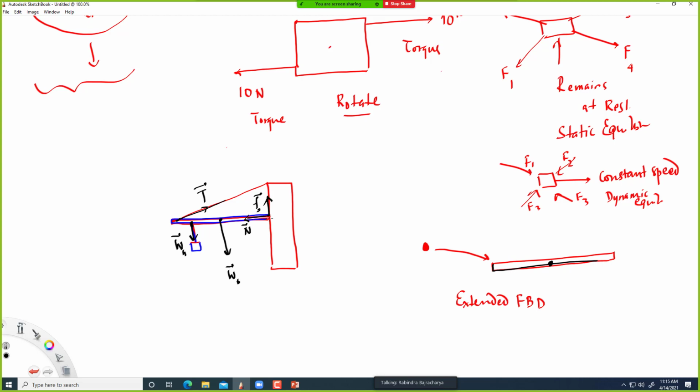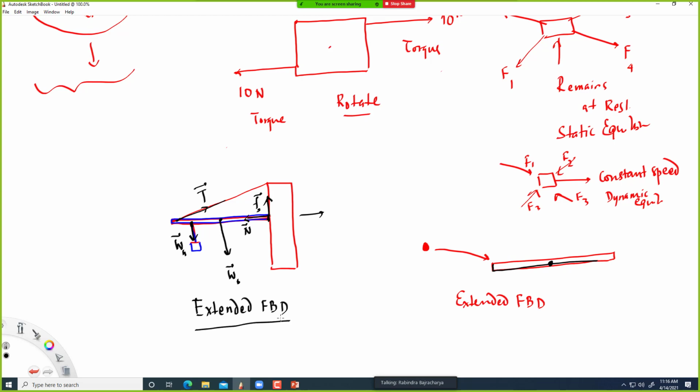The beam will just move to the right. But because of the wall's normal force, it remains in its place. Likewise, if there were no friction, this will just slide down. But because of the friction, it remains in its place. So these are all the forces acting on the beam: friction, normal force, its own weight, the weight of the hanging mass, and the tension. This diagram is called an extended free body diagram.